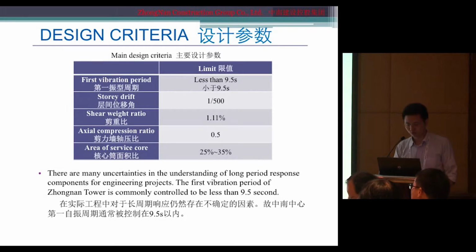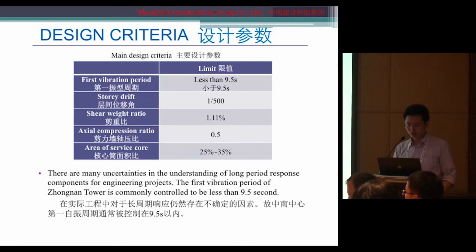And design parameters. These are the major design parameters decided by the committee of experts and professionals, also taking into consideration the Chinese codes.